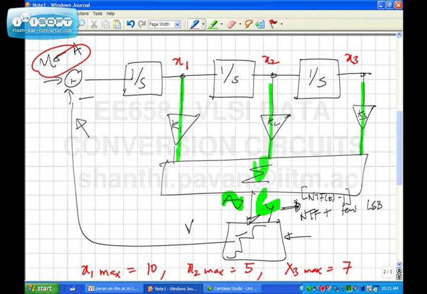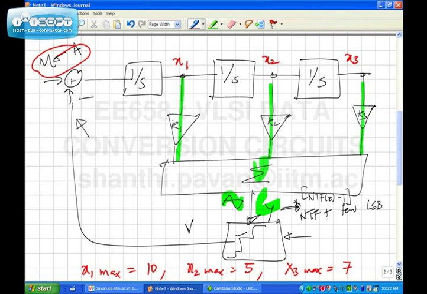So if the signal amplitude varies a little bit, the output maximum of the first integrator will be quite independent of the input signal amplitude. Whereas the second integrator will vary slightly, and the third integrator will vary a lot with signal amplitude, because the output of the third integrator is what provides the signal component of y in the first place.